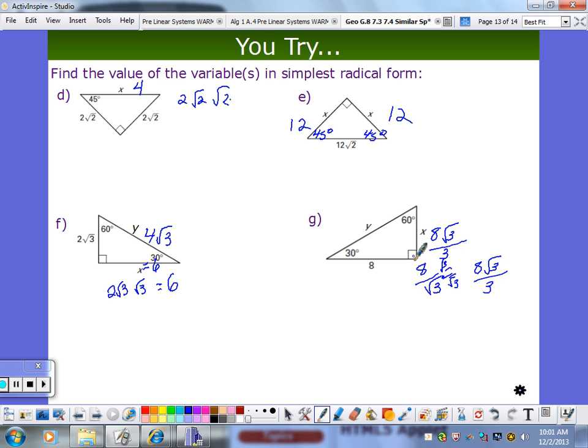Rationalizing the denominator: we multiply by the same thing on the bottom and the top, and then I get this. So what is y? That's the side opposite 30, the shorter leg. Multiply that leg by 2 to get the hypotenuse. So just because the numbers are not convenient, it's still the same thing.